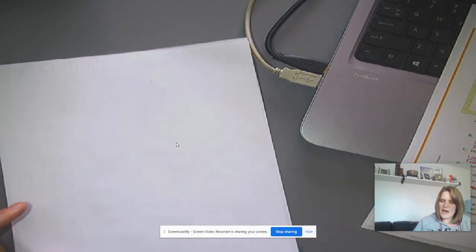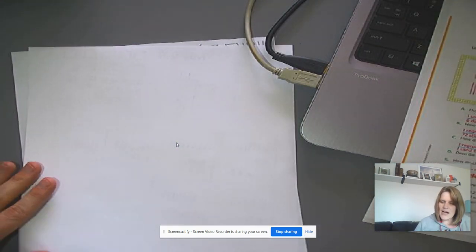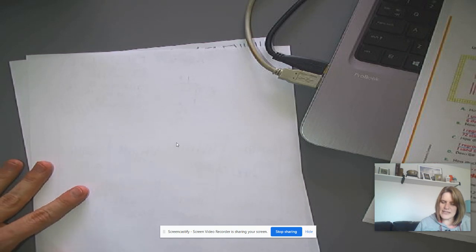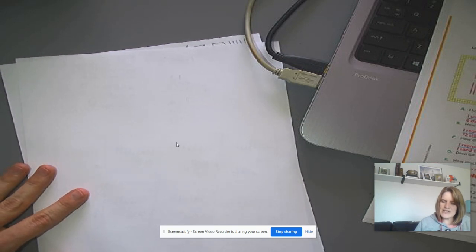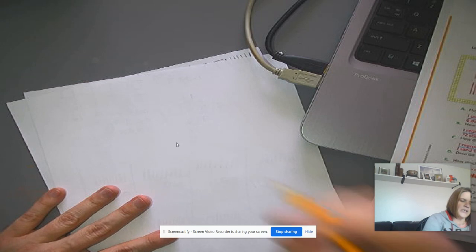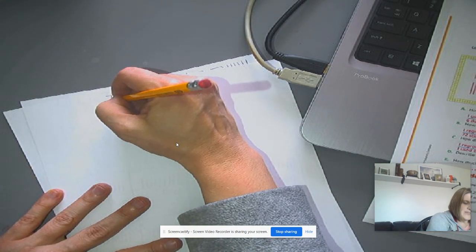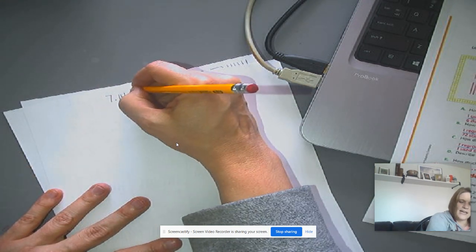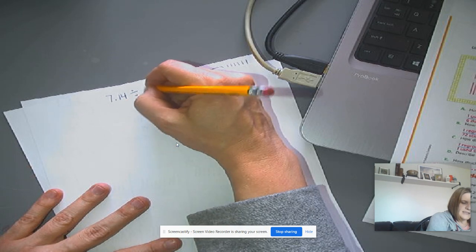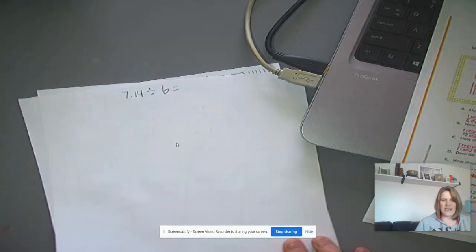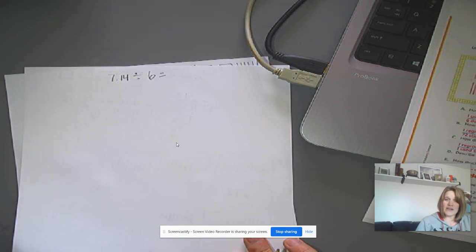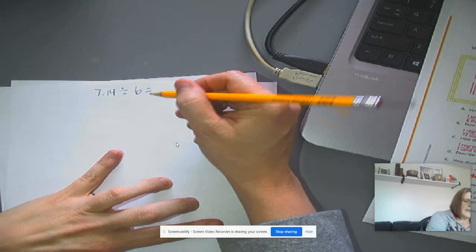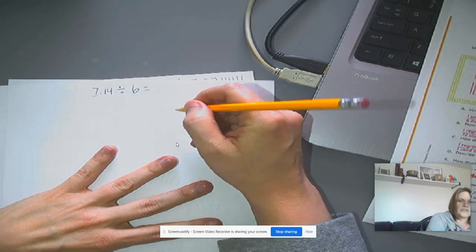All right, so our next problem is Tasha buys 6 avocados for $7.14 at the store. How much does each avocado cost? So we are taking $7.14 and dividing it amongst the 6 avocados. Okay, and it does tell us that we've got to draw. So how are we going to draw this 7?